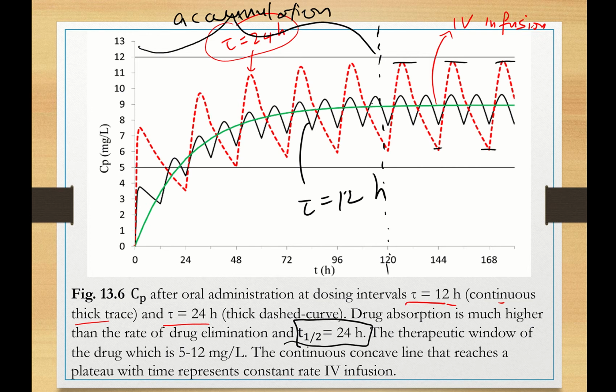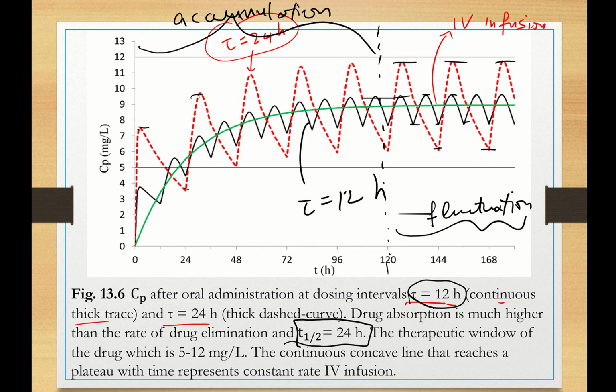And the same goes for the black line, which is administered every 12 hours. It reaches a peak, and of course, it fluctuates between a peak and a trough. So fluctuation in pharmacokinetics is used only after steady state conditions, after 5 half-lives. I understand that the concentration fluctuates even at early time points, but this fluctuation doesn't have a constant magnitude.